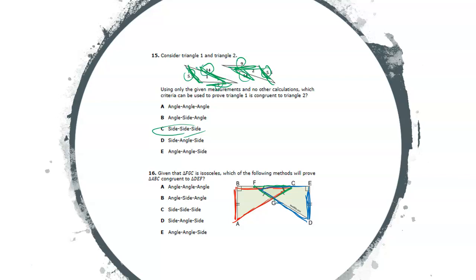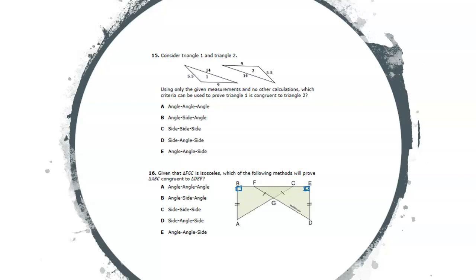Okay, so let's look for things that we can see. So I'm going to take the color back off. All right, so here's something I see. I see that we have a right angle on each place. Okay, so that's the starting point.